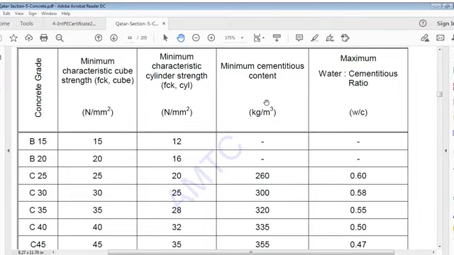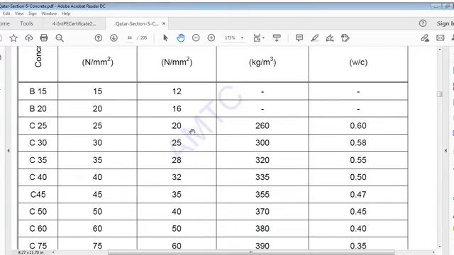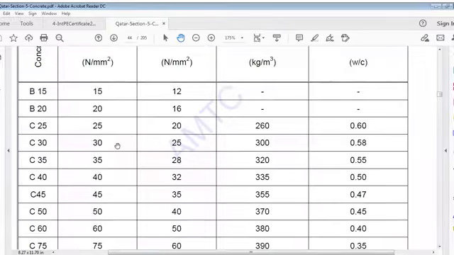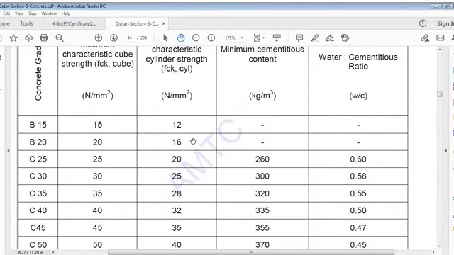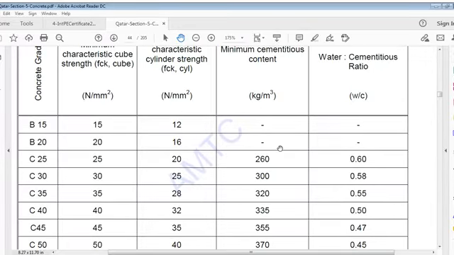That's normal. C20 is 20 and 16, and C25 is 25 and 20, and then minimum cementitious content is 260, and water cement ratio is 0.6. C30, this is 30, 25 in case of cylinder strength, 300 kilogram per meter cube minimum cementitious content, then 0.58 water cement ratio.